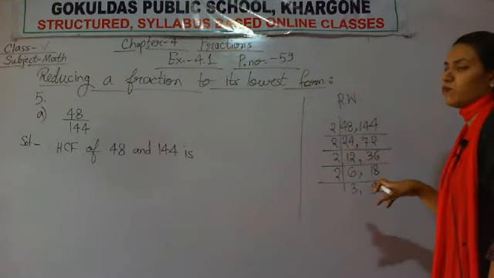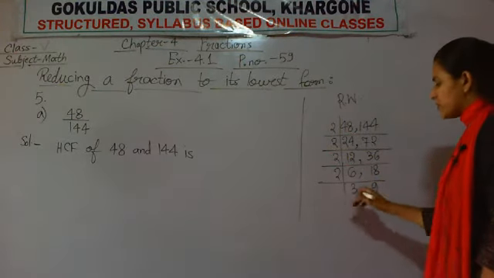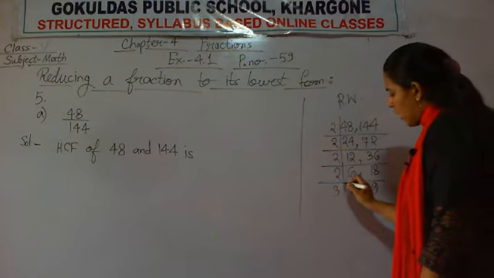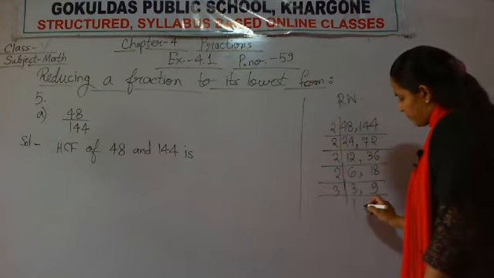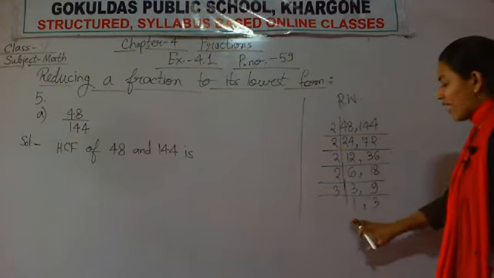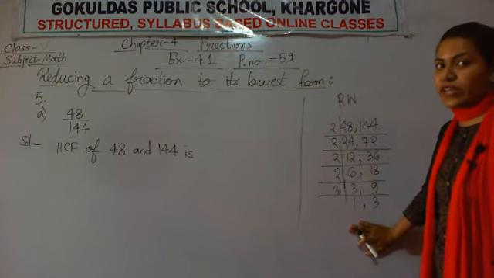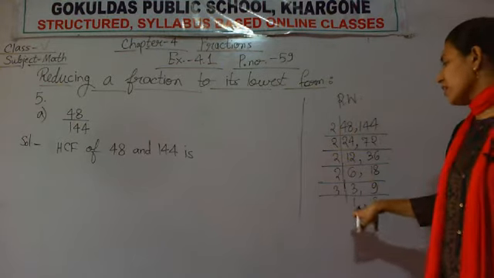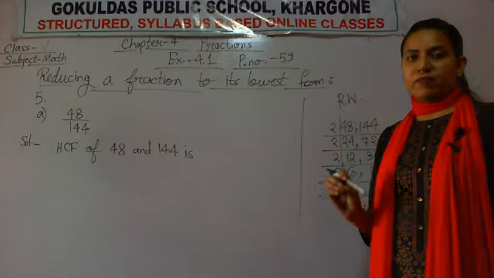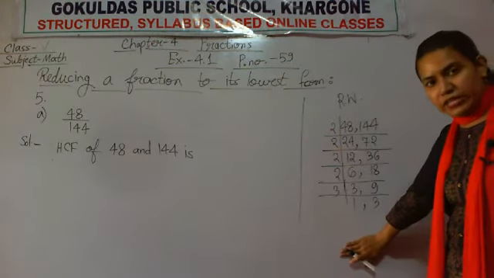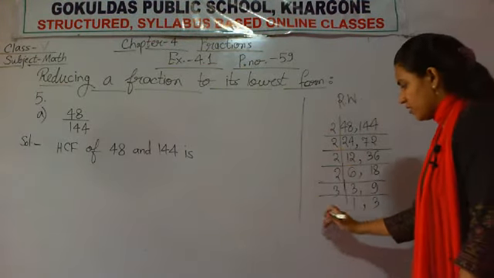Now 3 and 9 are both odd numbers and cannot be divided by 2, so I am dividing by 3. Now I will stop the division process over here. Why? Because 1 and 3 don't have any common factor by which I can divide them.